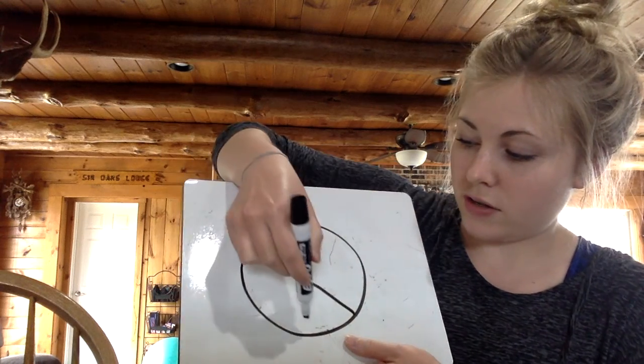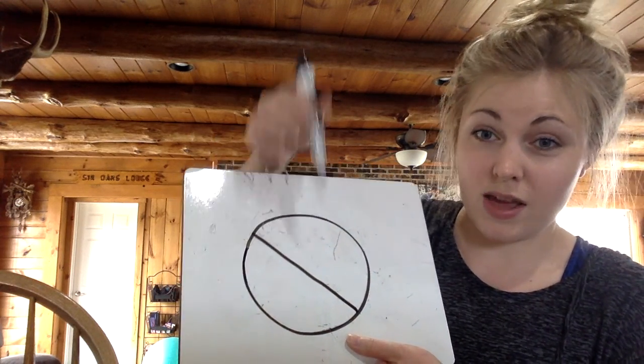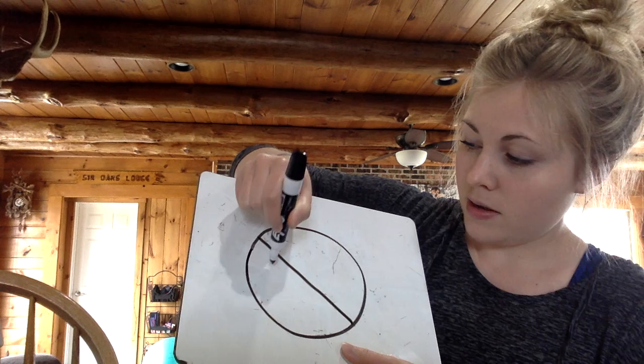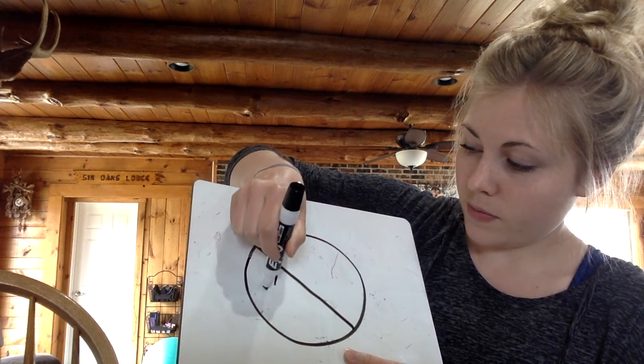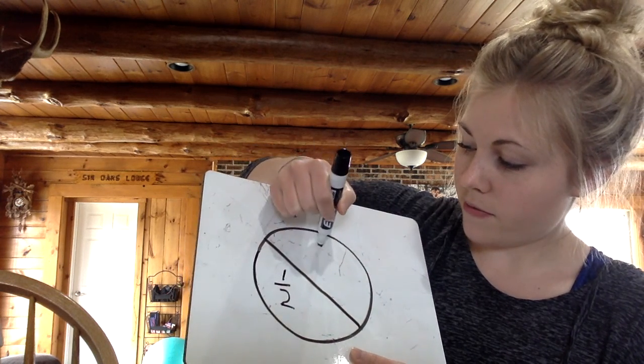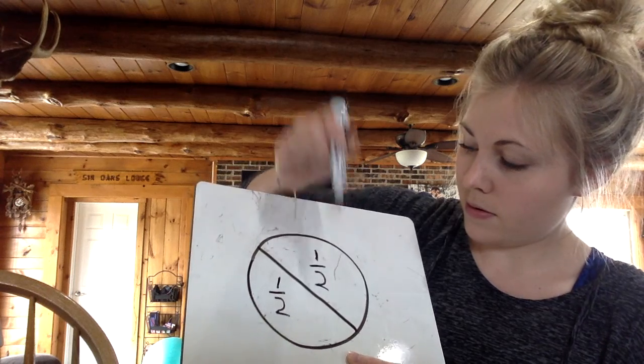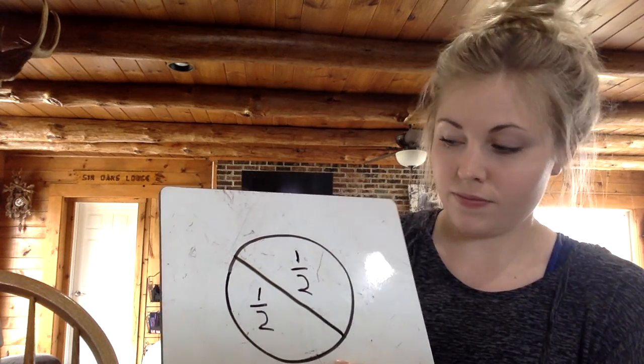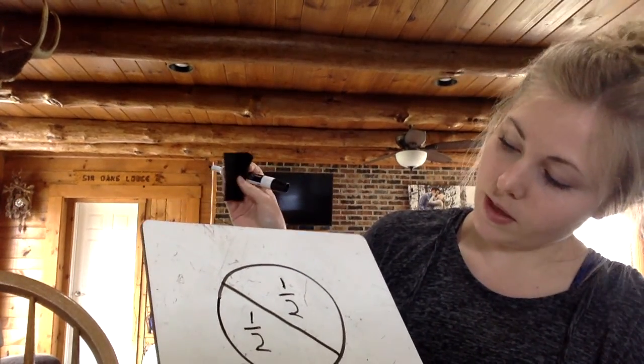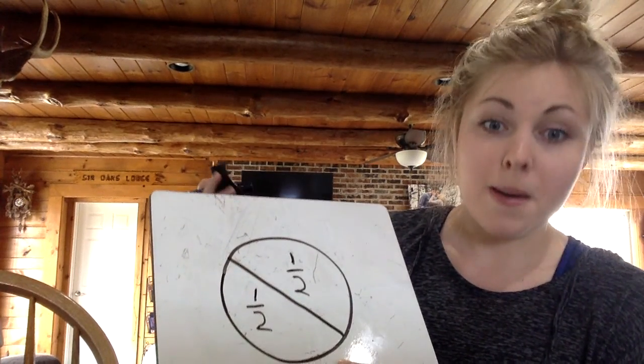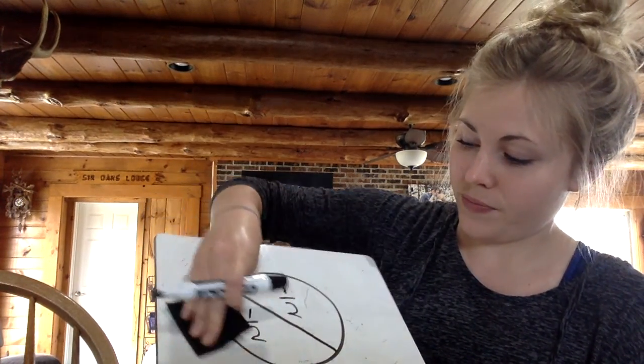Okay? You don't want to draw a skinny little piece over here and then have a big piece on one side. Now we can label it 1/2, 1/2. And 2 halves, we can see, make 1 whole.